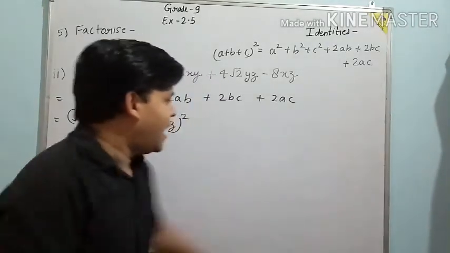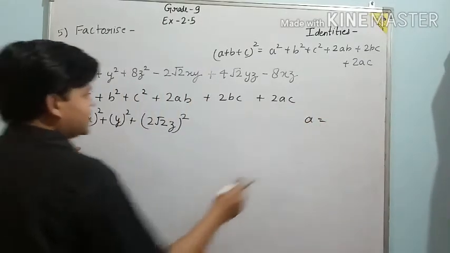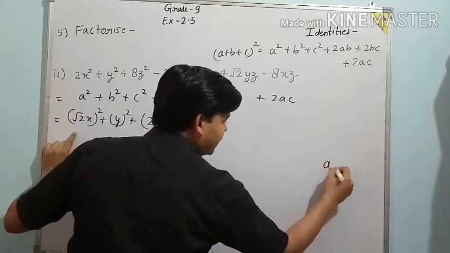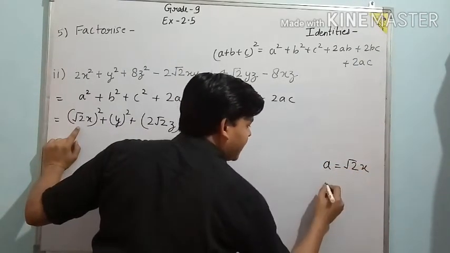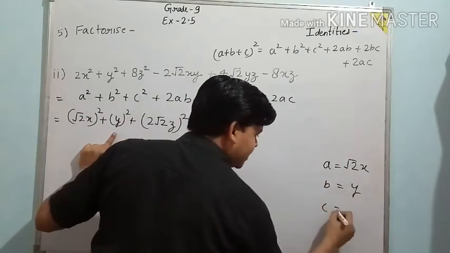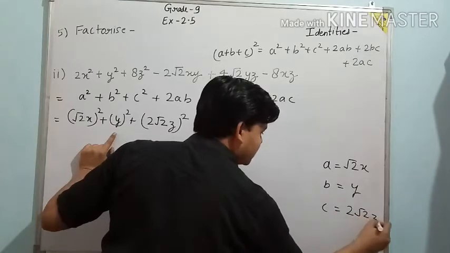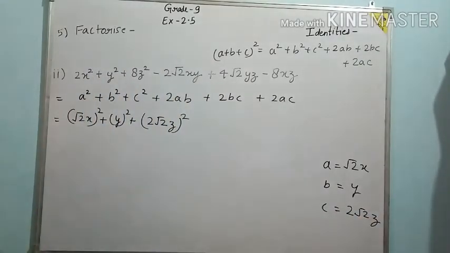So I am writing these values here: a is root 2x, b is y, and c is 2 root 2 z. Now the next thing we have to think about is the sign.